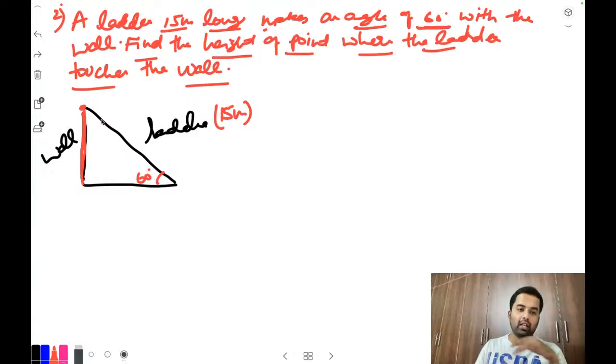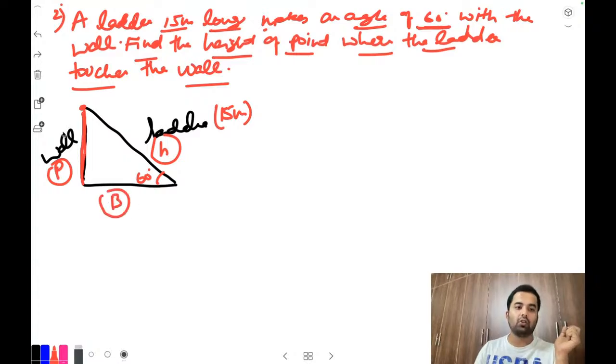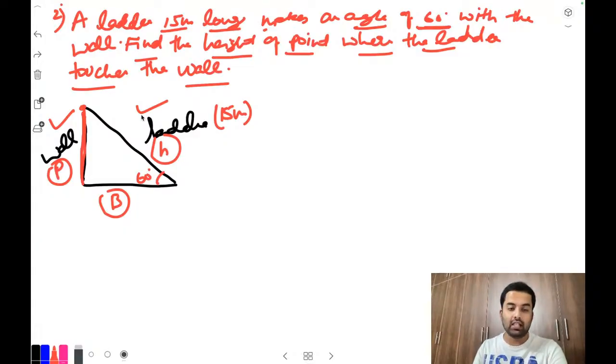Let me know, according to the Pythagoras theorem, this is our P, this is our H, this is our B. So according to P and H, I know what you will apply. So just apply and get the answers. At least we made the diagram, and now try to apply this. We have to figure out the P value.